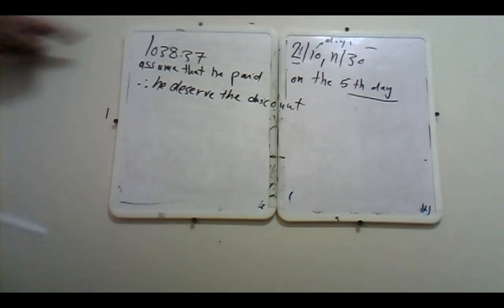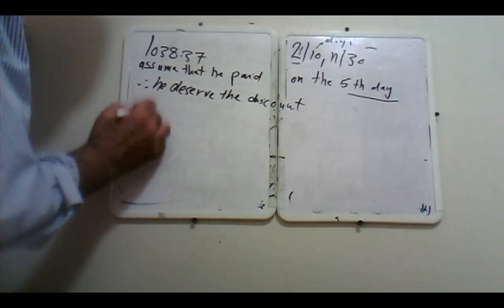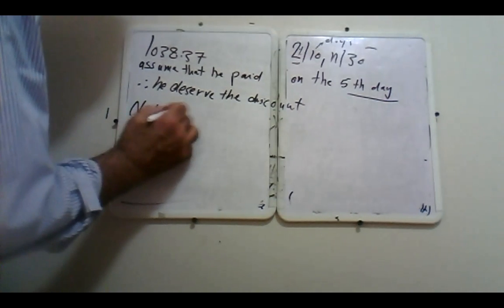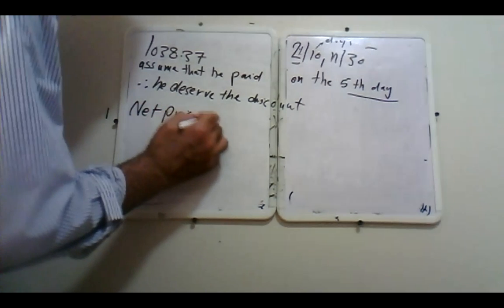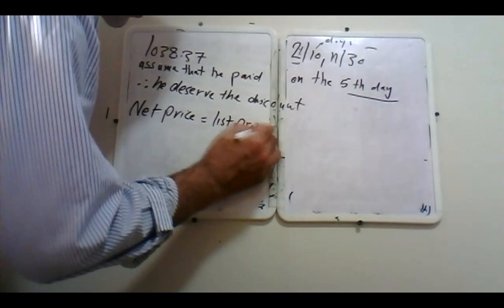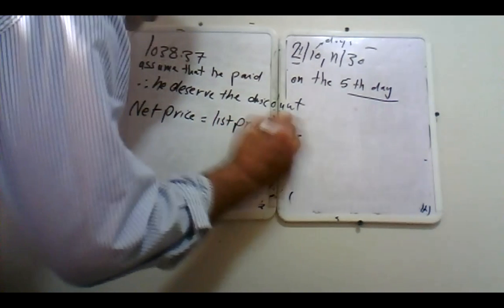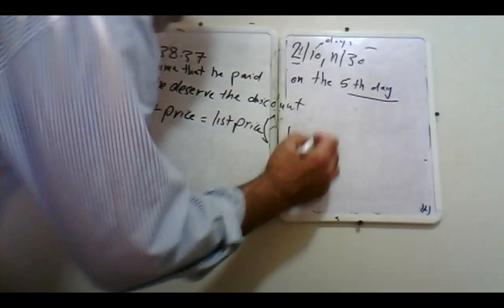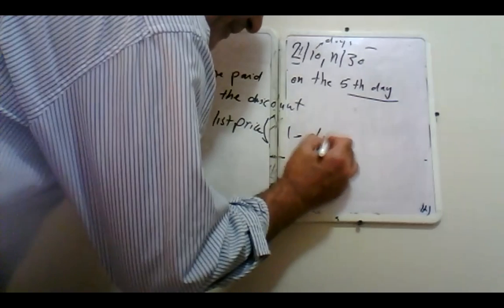So I will say the net price equals the list price multiplied by 1 minus the discount rate.